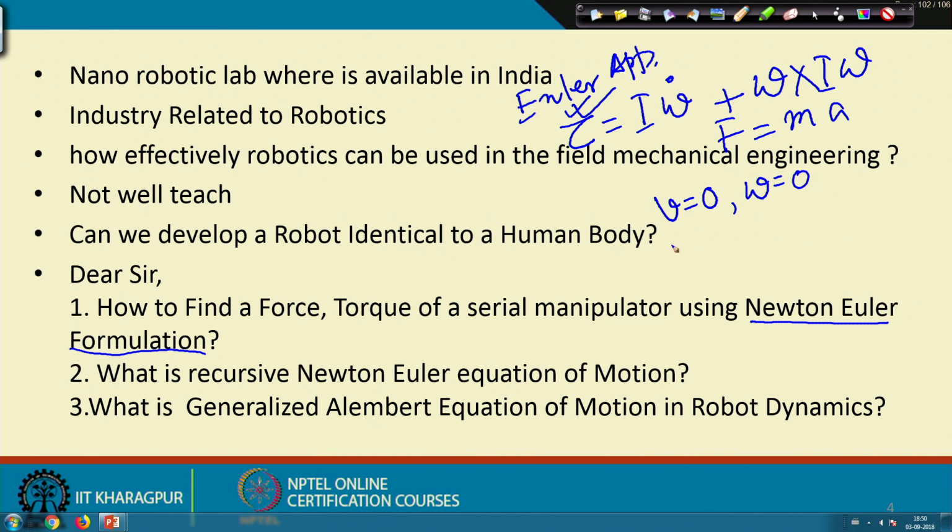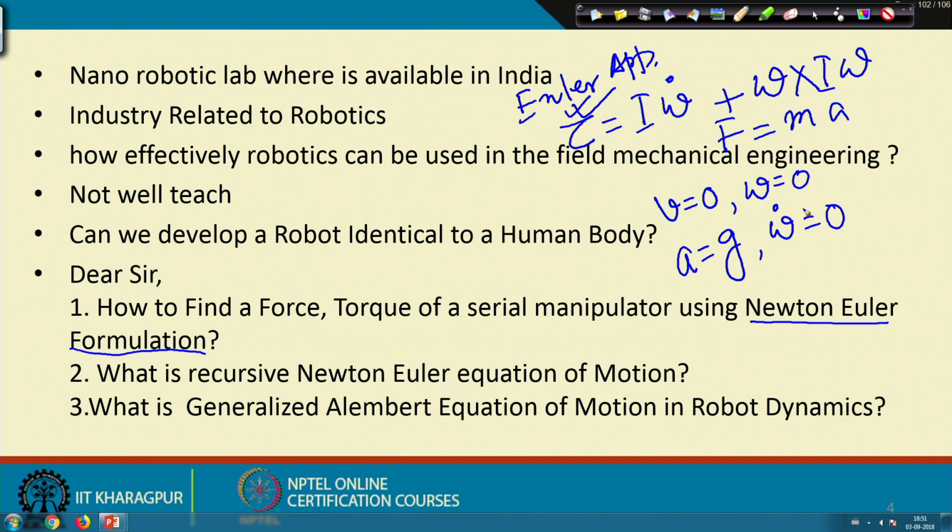Then comes the acceleration: the linear acceleration we consider is the acceleration due to gravity, that is g, and the angular acceleration, omega dot, we take equal to 0.